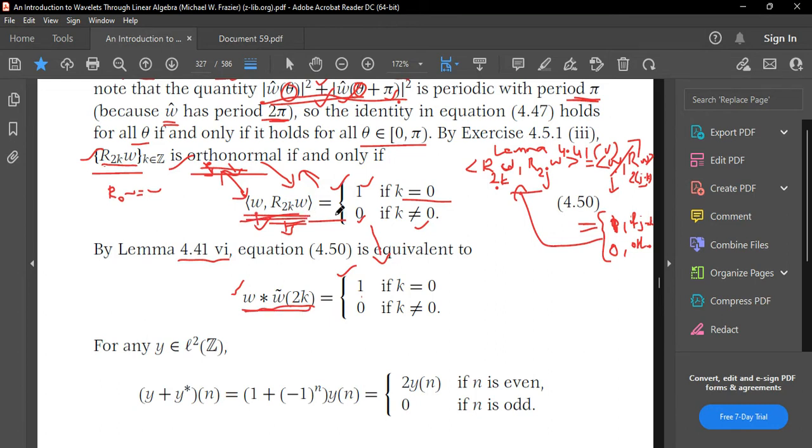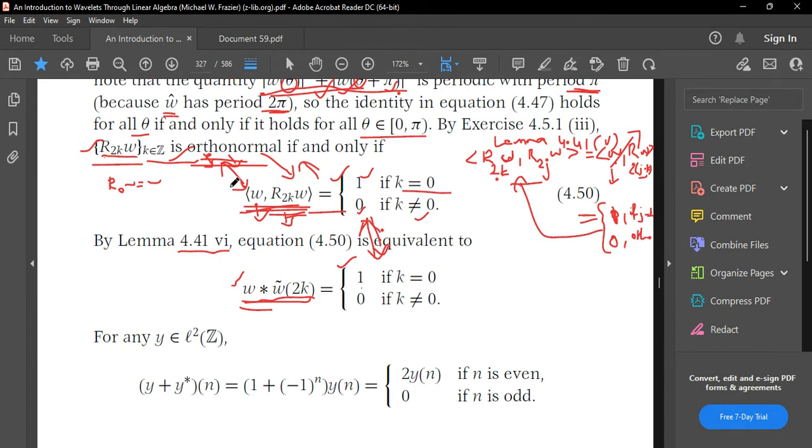So then this inner product will be this. So these two are if and only if statements. So we have proved until now that this set is orthonormal if and only if this statement is true.